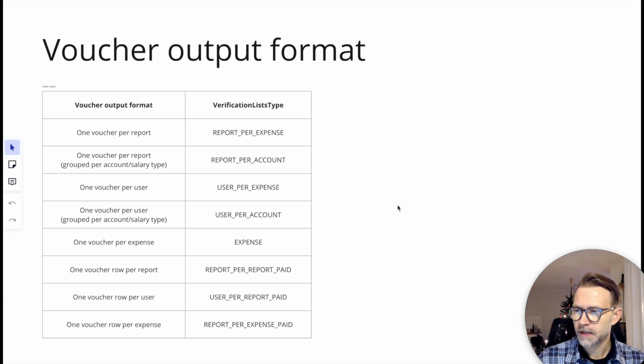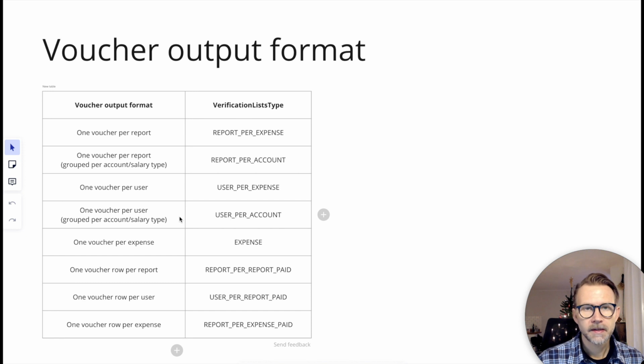Next one is what we call one voucher per user, and it does exactly what it says. If you have many users, or one user that has sent in many reports, all those reports from that particular user will be grouped into one voucher.